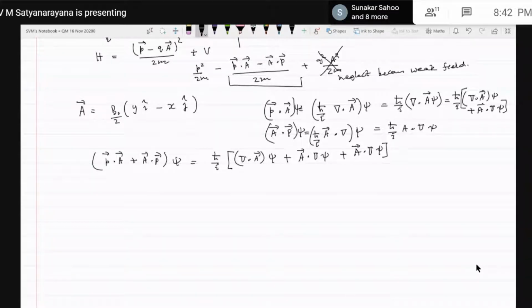So if you choose this particular A, then the del dot A term will be 0, and this becomes simply 2h bar by i into A dot del.